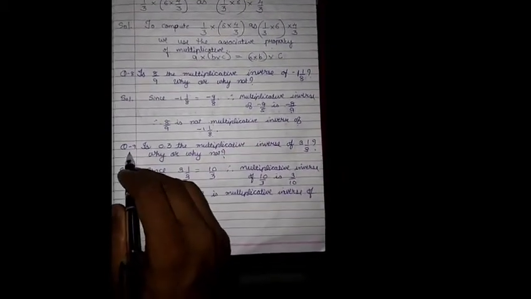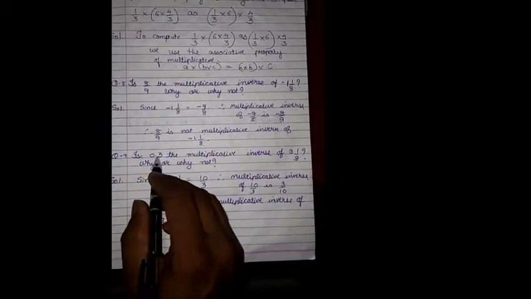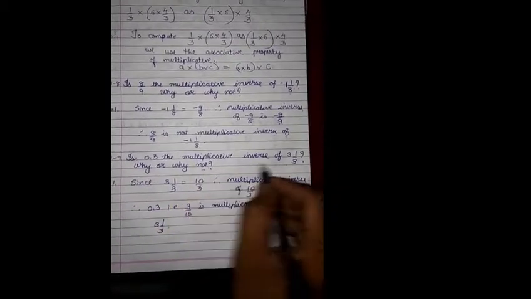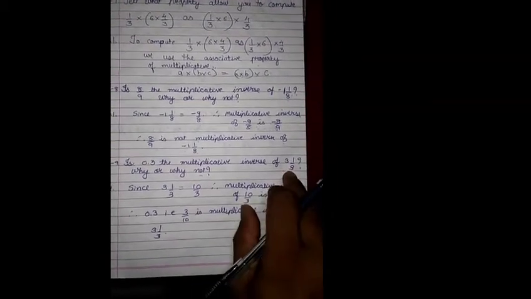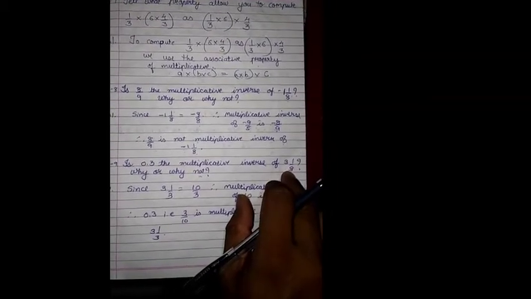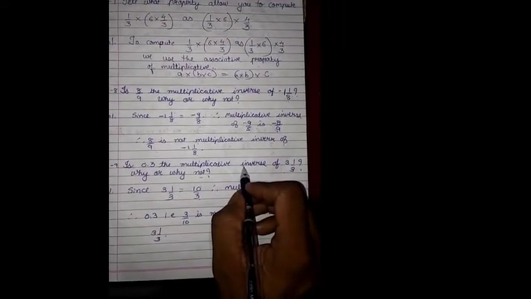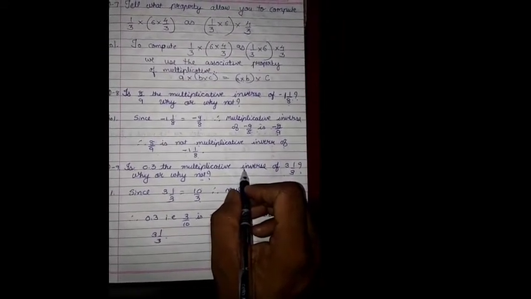Now let us move toward our next question, question number 9. Is 0.3 the multiplicative inverse of 3 integer 1 upon 3? Why or why not? See, what to do? Again, you have to convert this mixed fraction into an improper fraction. 3 3s are 9, 9 plus 1 is 10, so 10 upon 3. Then in multiplication, as I told you, you have to take the reciprocal.